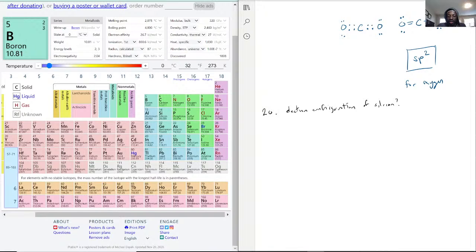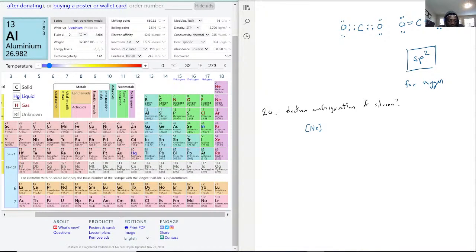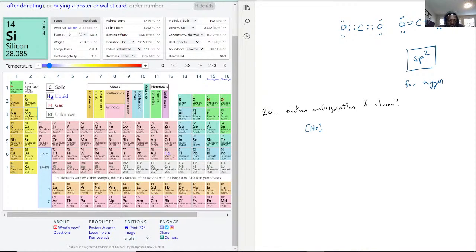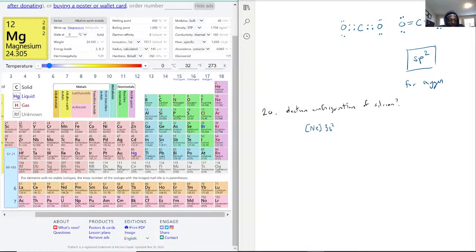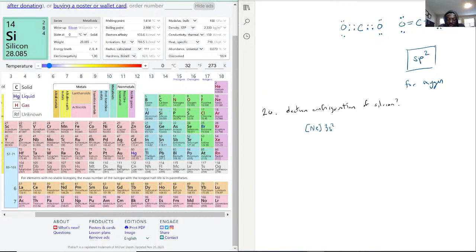Okay. So remember, we can do a shorthand and longhand version. For this, I'm just going to do a shorthand version because we've been doing so much that we now understand how it navigates. So we start at the most recent noble gas, and then we count from there. Silicon is on the 3rd row. So 3s2, and then 1, 2, so it'll be 3p2.